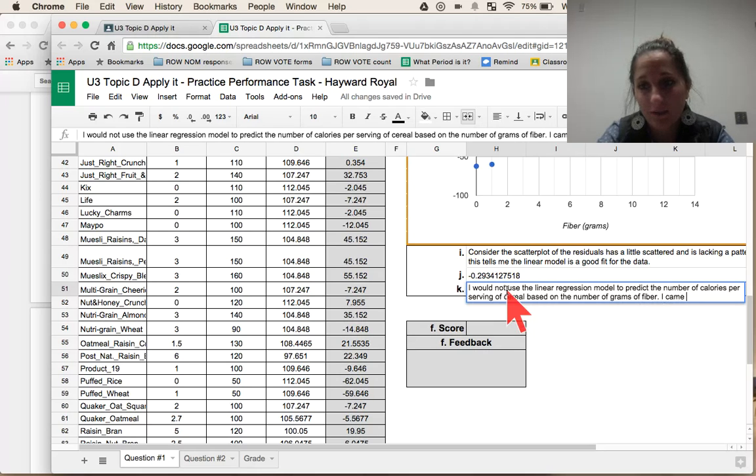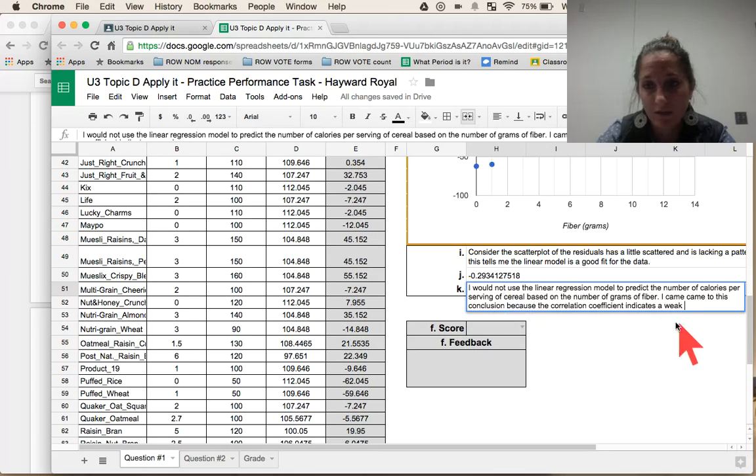I came to this conclusion because the correlation coefficient indicates a weak, I guess I should say what the correlation coefficient is. Correlation coefficient R equals negative 0.3, I'm going to round to 3 decimal places. Indicates a weak negative relationship.